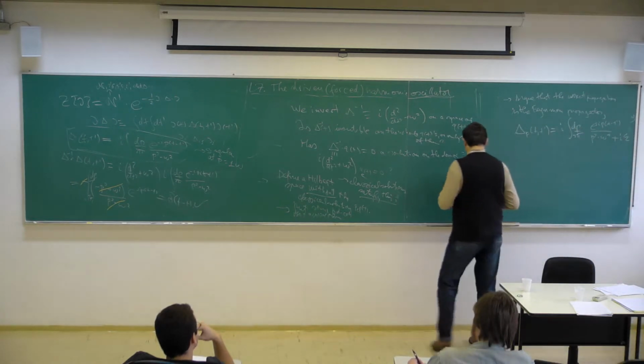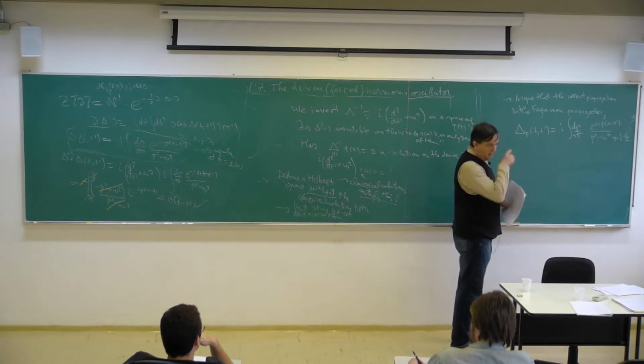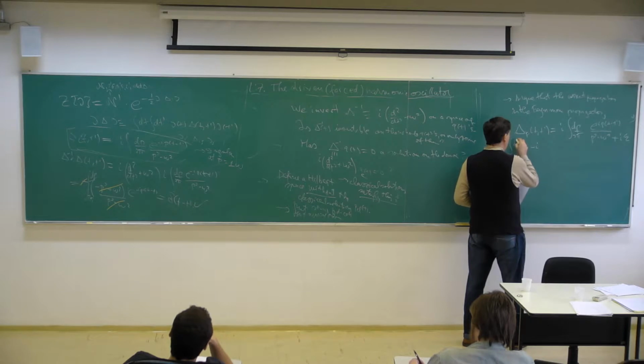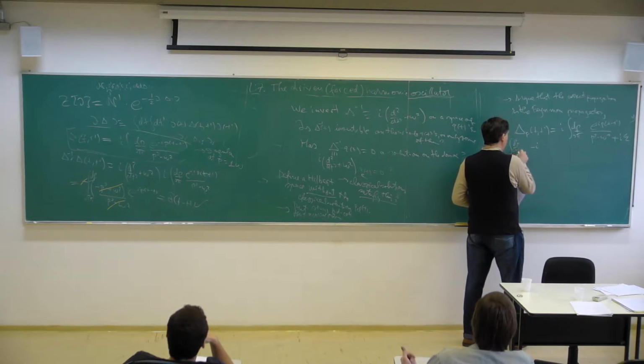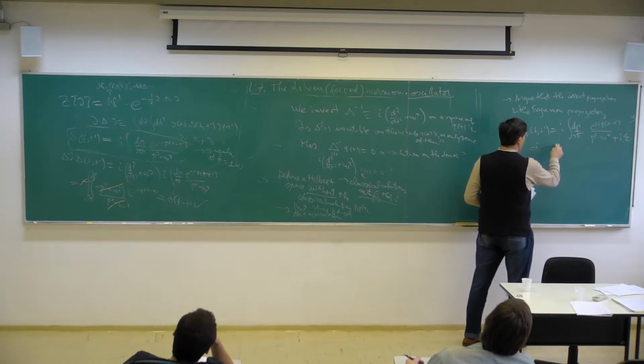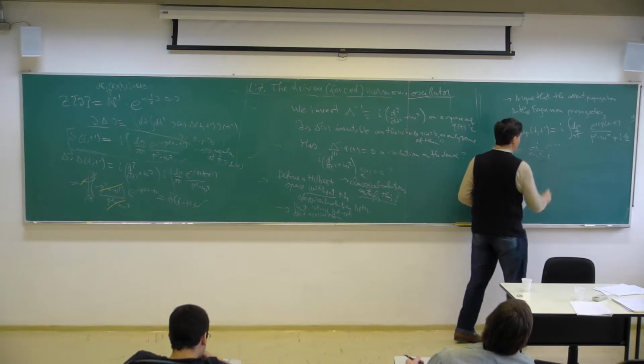So, why is this the Feynman propagator? Remember what we had before for the Feynman propagator? Well, in 4 dimensions, we wrote minus i divided by p squared plus omega squared minus i epsilon, right?